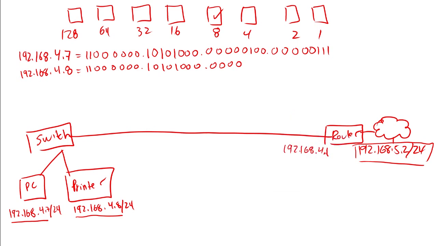This is 4, so we're writing out 4, 1, 0, 0. And then 8 is 0.0.0.0.1.0.0.0.